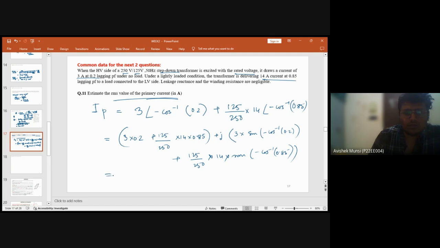If you solve it on the calculator, the real part is 6.55 and the next part is around minus j 6.62.